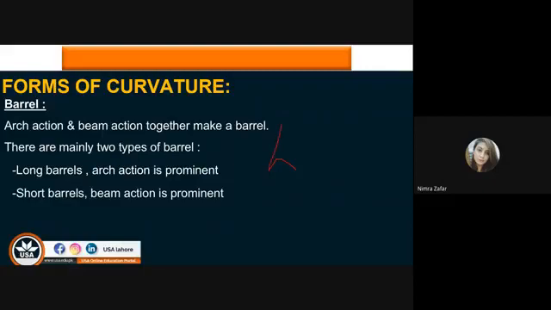So this is an arch which is extended as a beam. Sorry for the drawing. This is beam and this is arch. And what happens in a long barrel? Arch action is prominent. What happens in short barrels? Beam action is prominent.